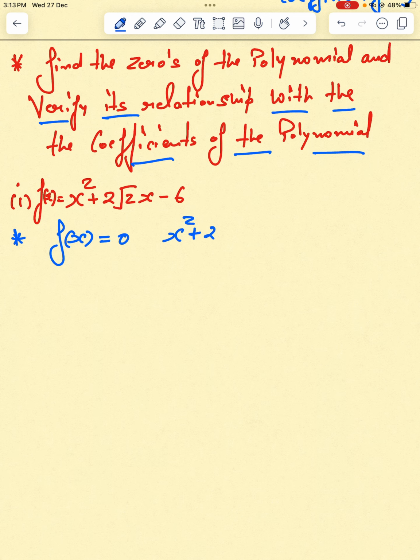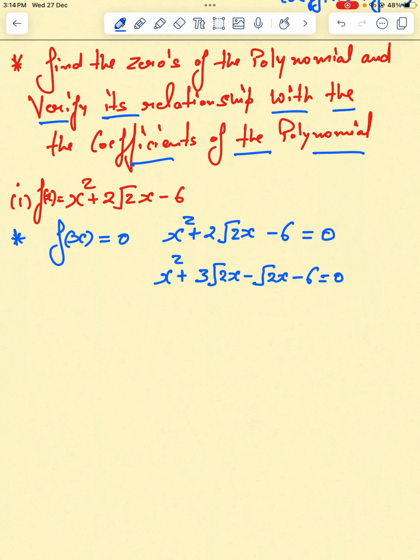So x square plus 2 root 2 x minus 6 is equal to 0. So split the middle term so that the product of the split terms is equal to minus 6. So if I choose 2 root 2 x as 3 root 2 x minus root 2 x, minus 6 is equal to 0, if I multiply these terms, it should be equal to minus 6.